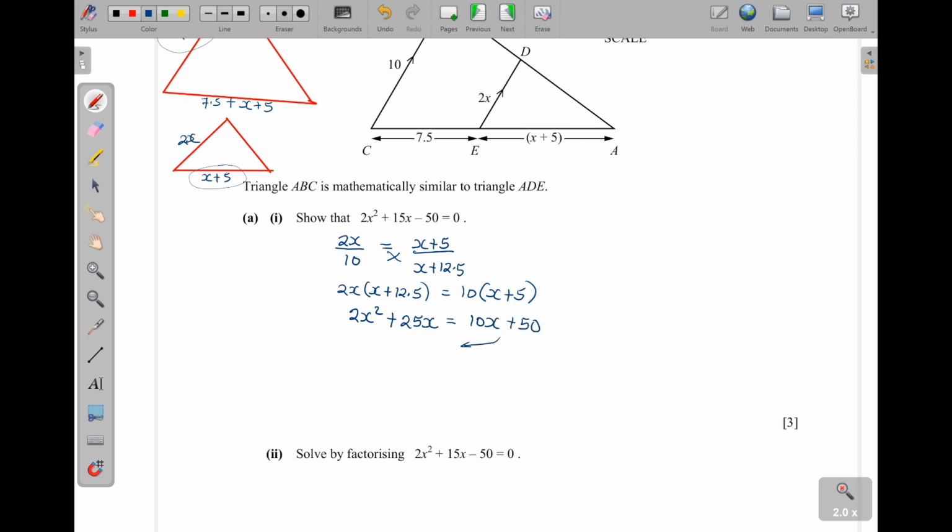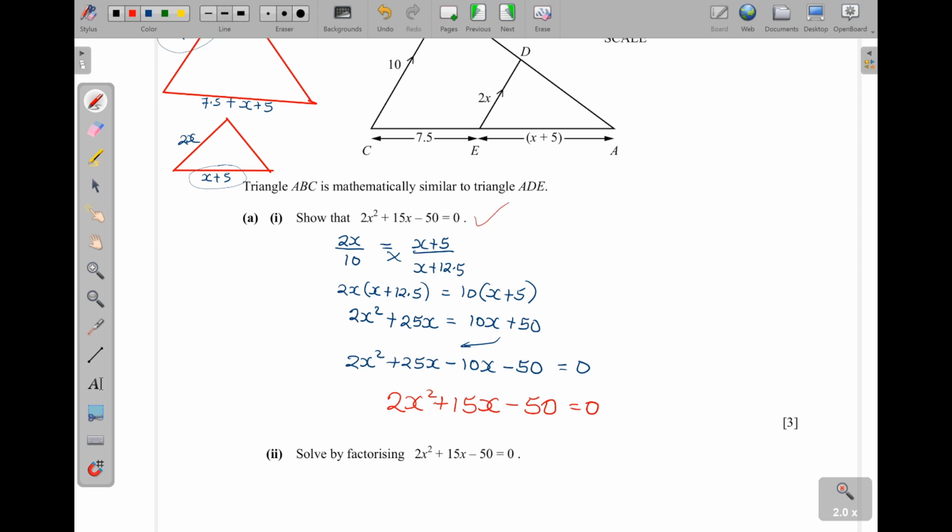And then we bring everything this side, so we shall have 2x squared plus 25 of x, subtract 10x, subtract 50, then everything is equal to 0. So meaning all of it together simplified will be 2x squared. 25 minus 10, that will be a positive 15 of x, then minus the 50. And that is what we are told to show here.